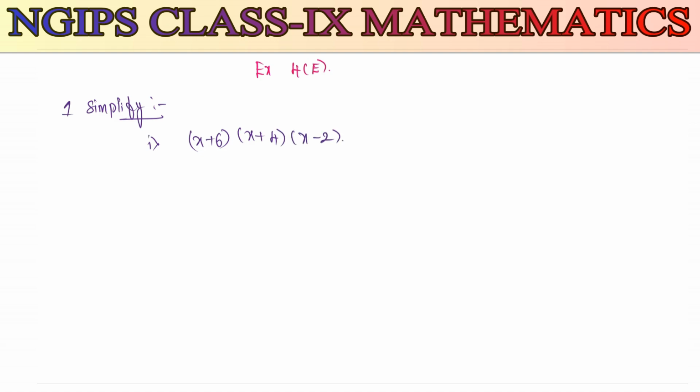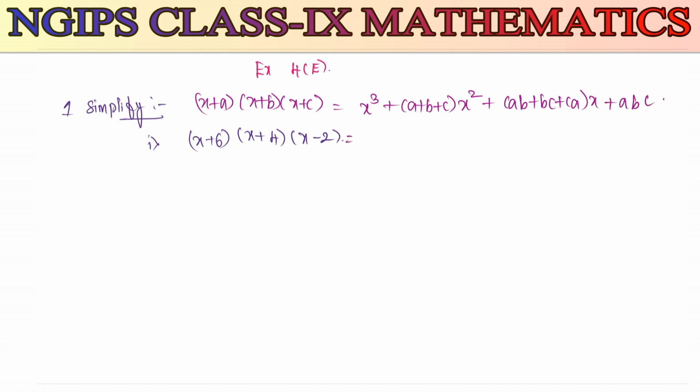We know very well the formula: (x + a)(x + b)(x + c) is equal to x³ + (a + b + c)x² + (ab + bc + ca)x + abc. Now you have to consider in the place of a we have 6, in the place of b we have 4, in the place of c we have −2.